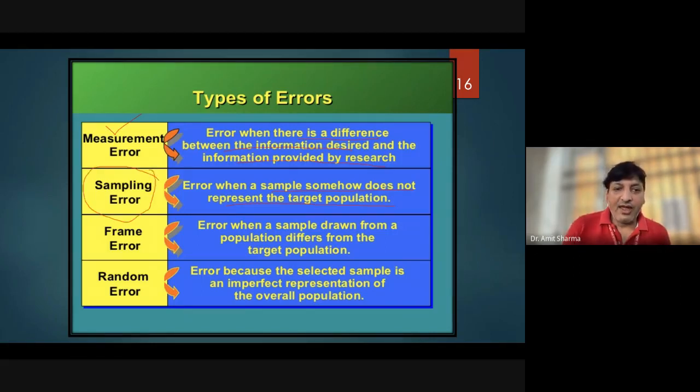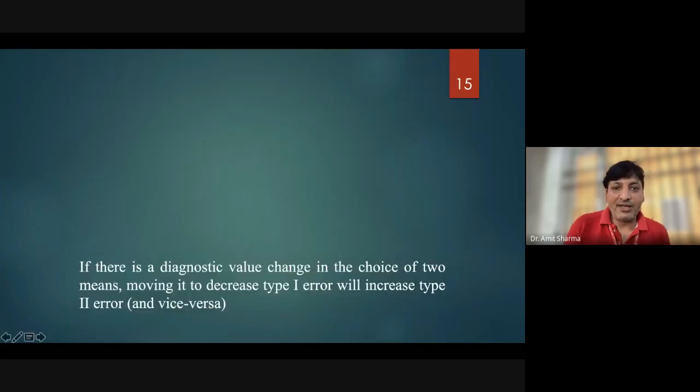Frame error we have now. How to represent this frame error, I'll let you know. Whenever we are conducting a survey or making a questionnaire, we make it in frames. For example, I have calculated a sample size and it was found to be 100, to conduct a study in a college, because a college is the best example to explain this.